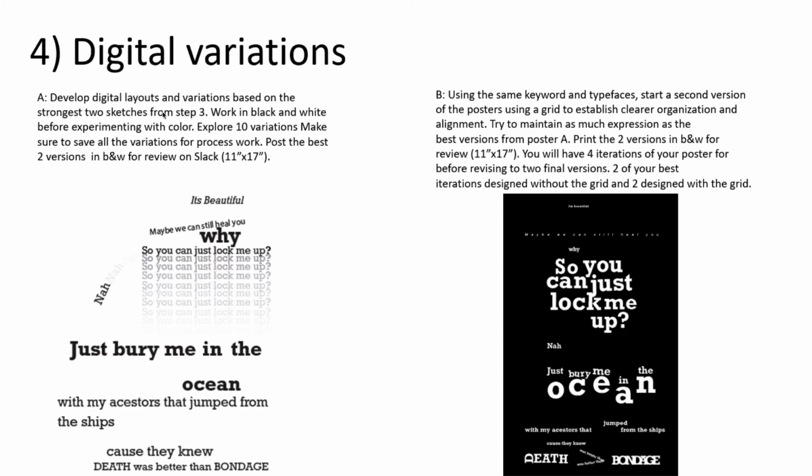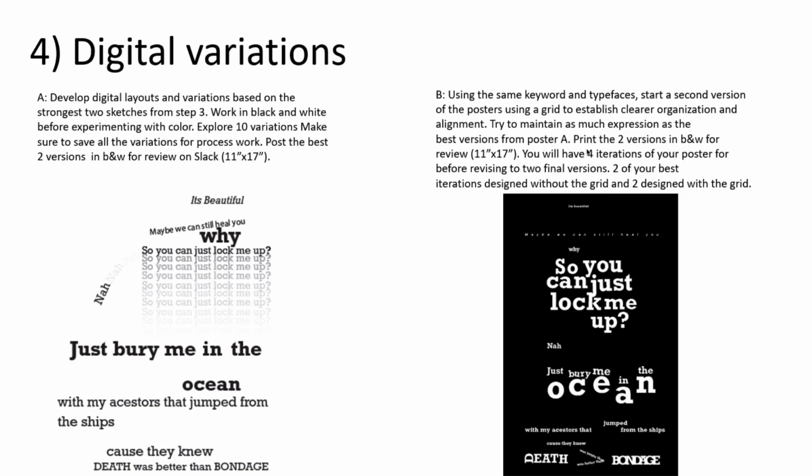So when you're done with A, when you have a really good version of A, you're basically going to copy this version and then paste it onto a composition with a grid. And then you're going to use that grid to align things a little bit better.